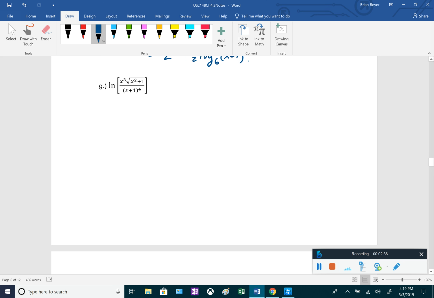Okay, let's make them a little bit harder. ln of x cubed times square root x squared plus 1 over x plus 1 to the 4th. So we have three kind of main factors here. We have the x factor, x squared plus 1 factor, and x plus 1 factor. So we're going to have 3 different ln's. So it's going to be the product rule and the quotient rule. So it's going to be positive ln of x cubed, because it was in the numerator, plus ln of x squared plus 1.